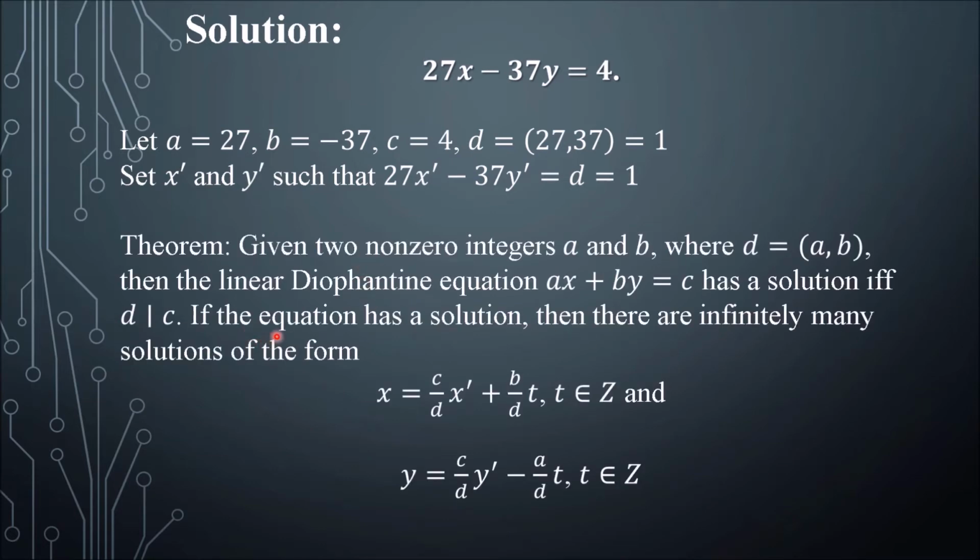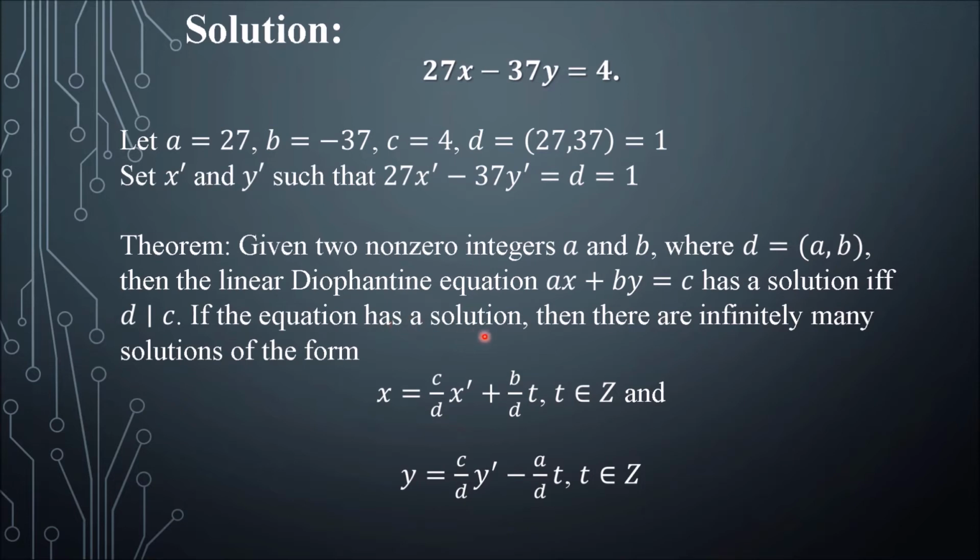Now let's have the theorem. Given two non-zero integers a and b, where d is the greatest common divisor of a and b, the linear Diophantine equation ax plus by equals c has a solution if and only if d divides c. In our case, d is 1 and c is 4.